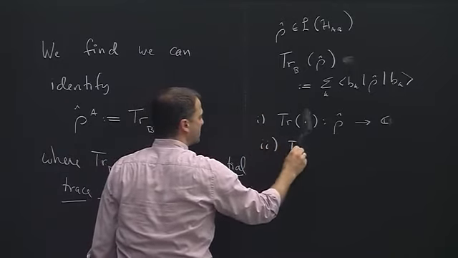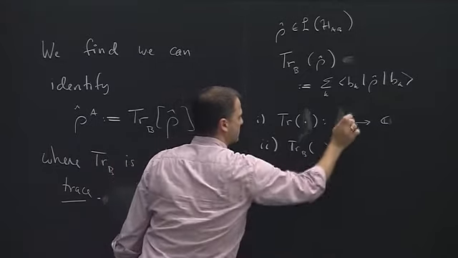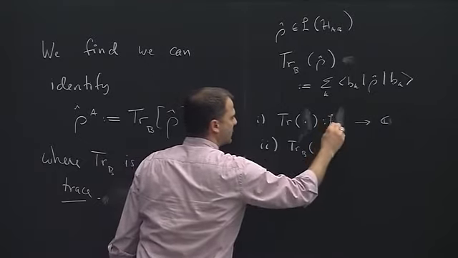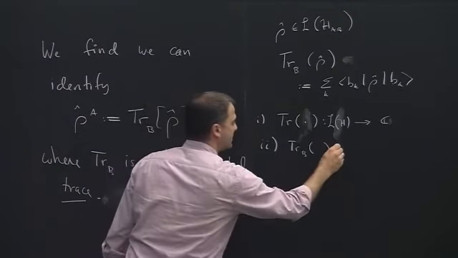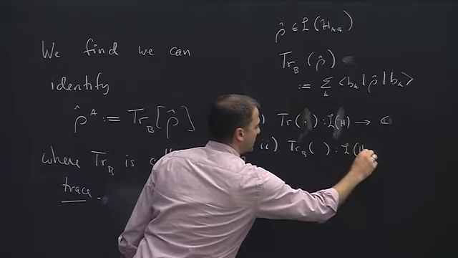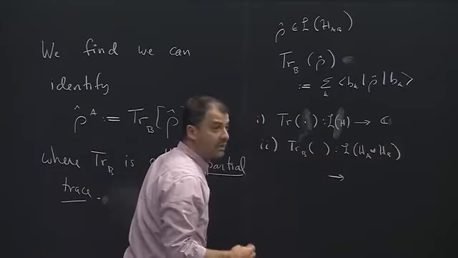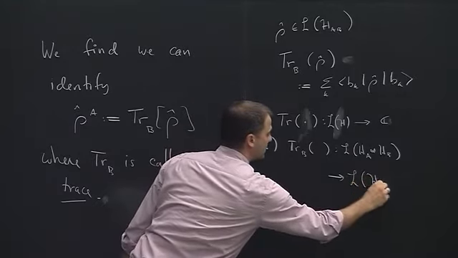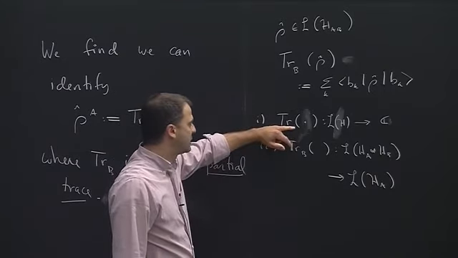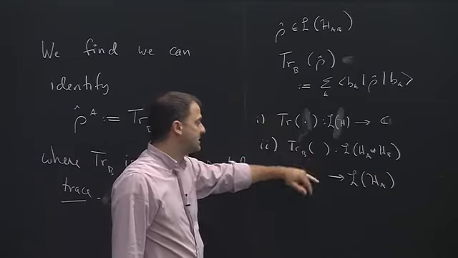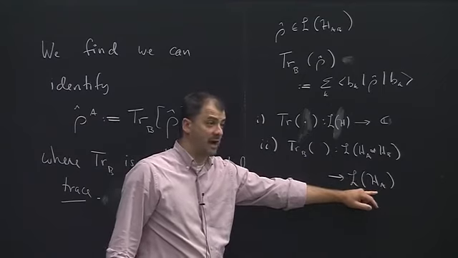The partial trace is an object that takes a linear operator on H_A cross H_B and gives you a linear operator on H_A. Okay? So it's a very different structural issue. You can think of the trace as a functional, and this is a different type of object. It takes linear operators on a bigger space to linear operators on a factor space of that bigger space.